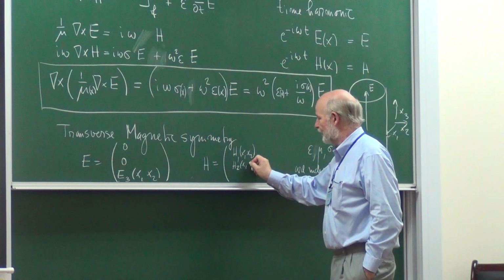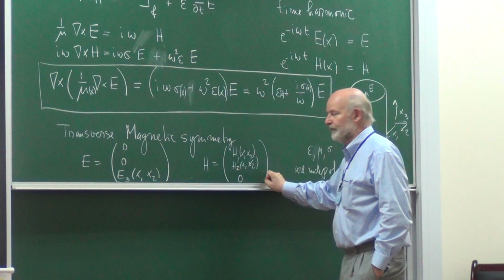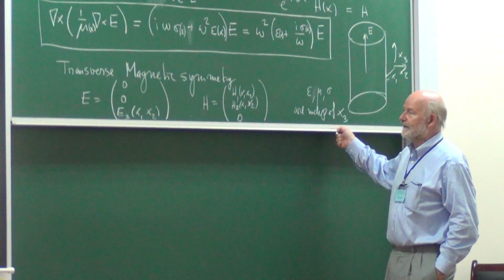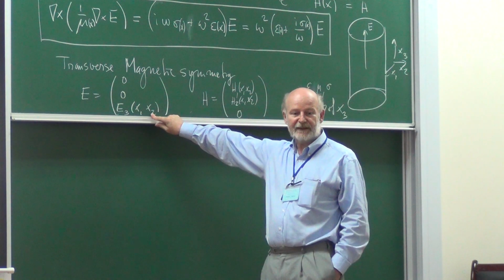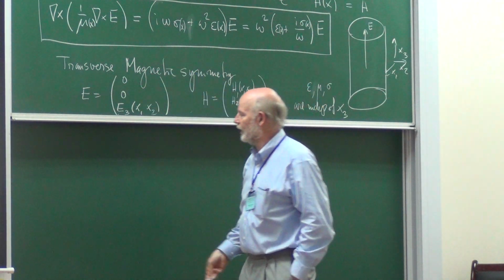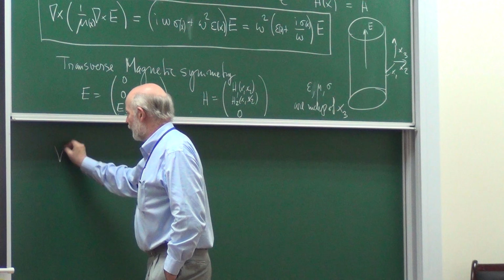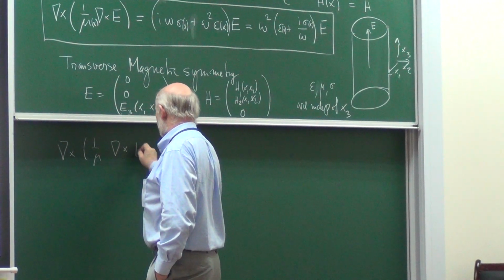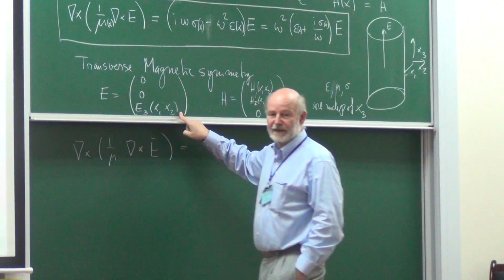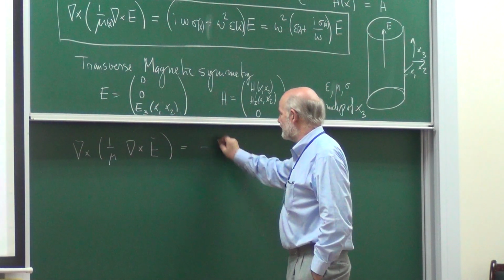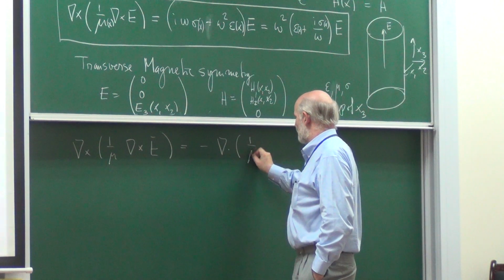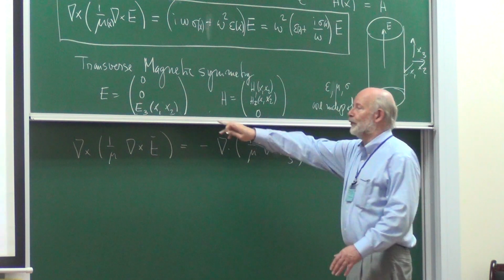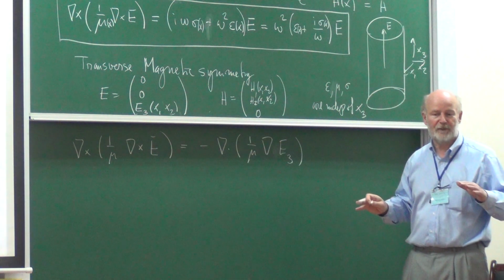Now if you do that, then in terms of this function E3, when you write out this curl operator, the curl of 1 over mu curl of E for this particular field just becomes minus the divergence of 1 over mu gradient of E3 in the third component, because there's only a third component now.